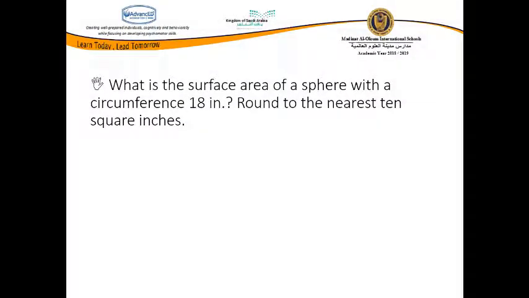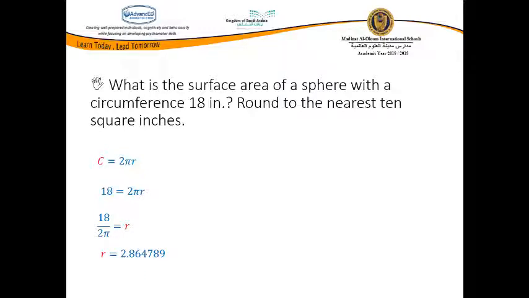What is the surface area of a sphere with circumference 18? Round to the nearest 10 square inches. Using the same idea, we have the given circumference 18. Using the formula 2 pi r, substituting and solving for r, the radius equals 18 over 2 pi, about 2.86.